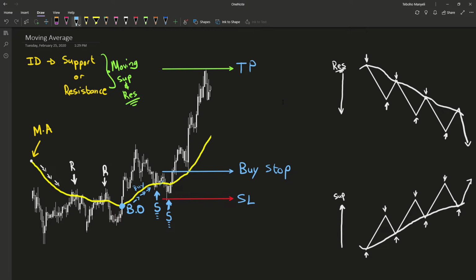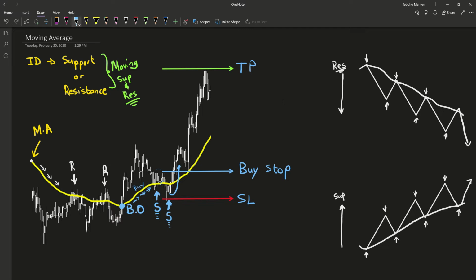So as soon as it came, took a curve at the limits, started building up, we decided, you know what, upon this break of resistance, pick us up, take our buy stop, and let's go up. And the rest was history, right?